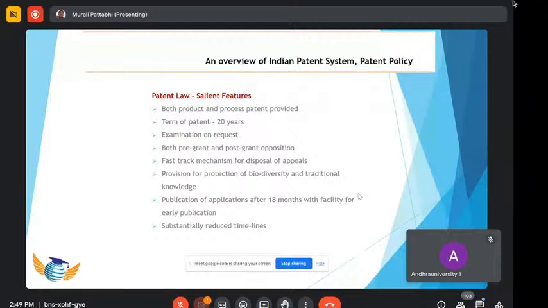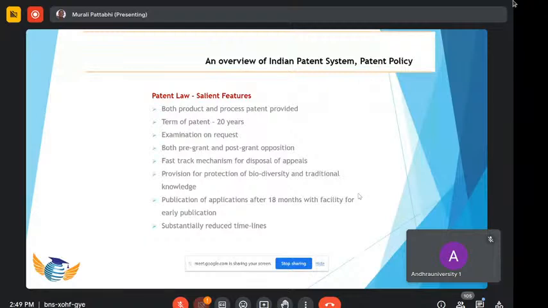Examination is on request; by default they would not examine. We need to request the patent office to examine our application, and for that we need to pay some more fees, otherwise it would not examine. And there are provisions for both pre-grant and post-grant oppositions.